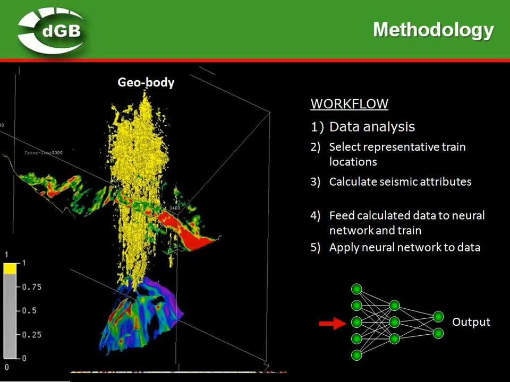You can also take unreliable geobodies and give them a lower probability.